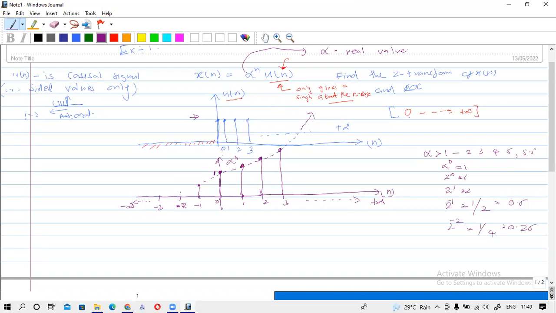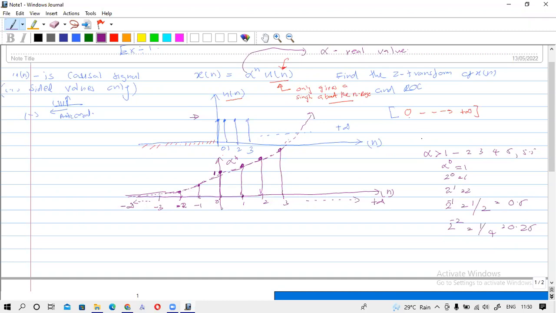So you will have a value less than this one. Like this it is decreasing up to infinity, so your variation will look like this. That is for alpha greater than 1.